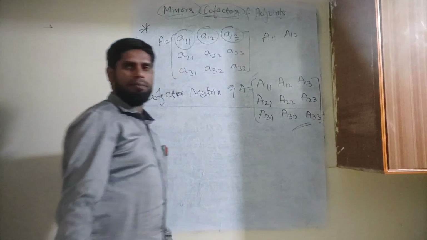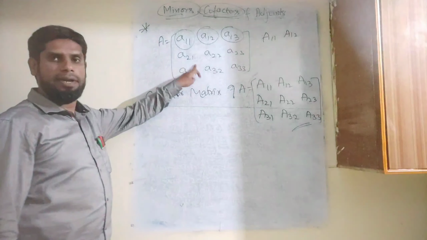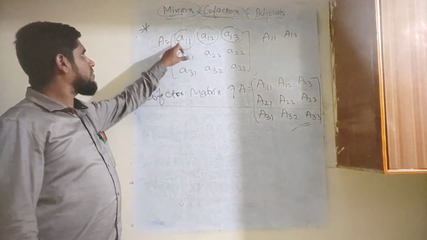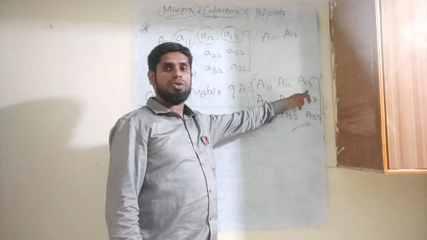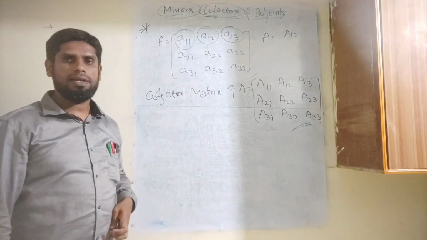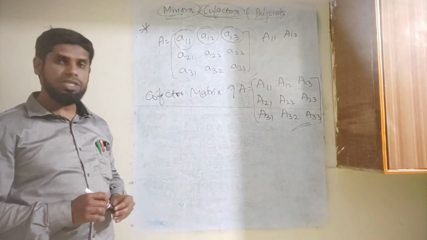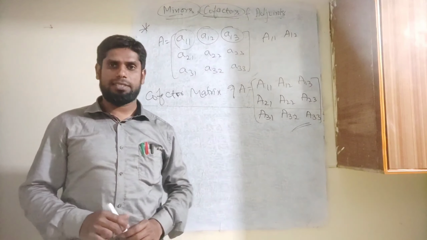Students, this is the cofactor matrix of this matrix. So small alphabets represent elements of the matrix, capital alphabets represent cofactor of that particular element. Students, this is about cofactors.